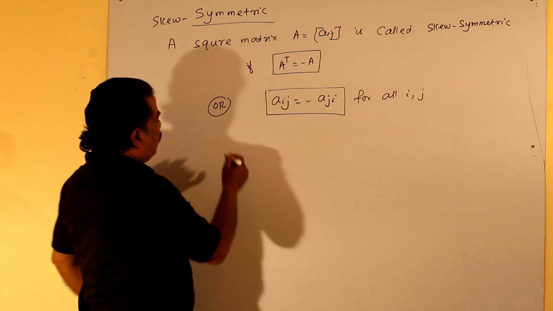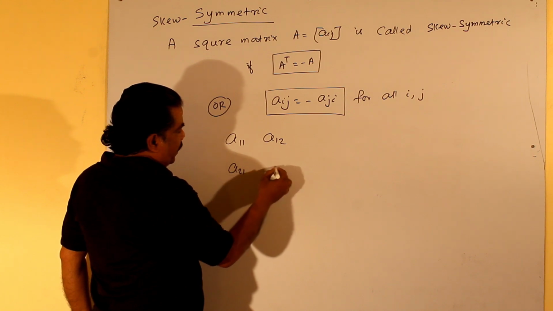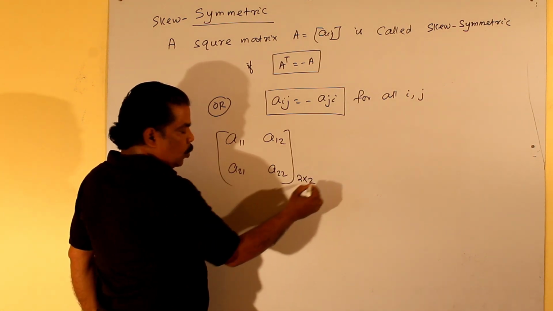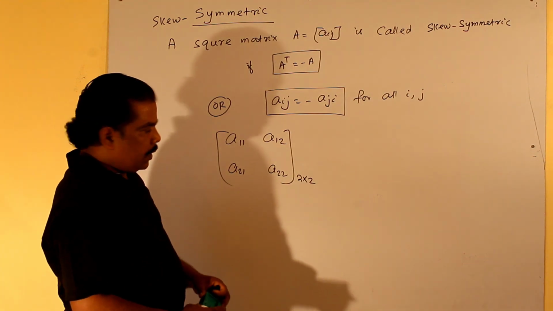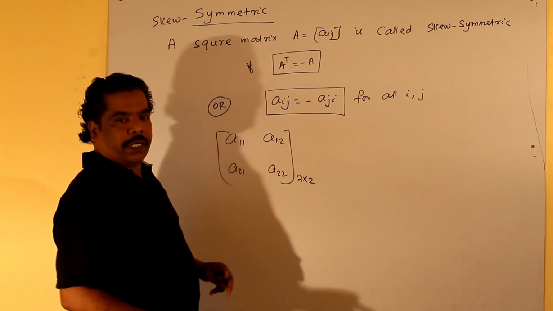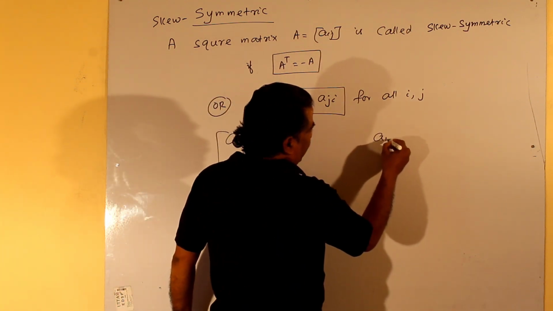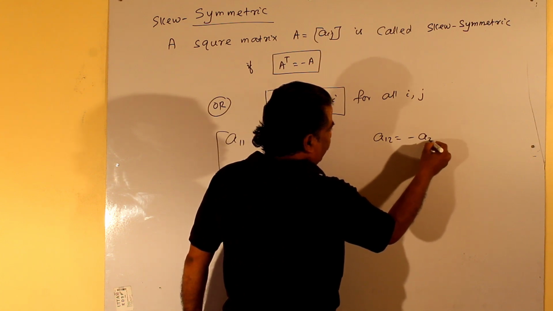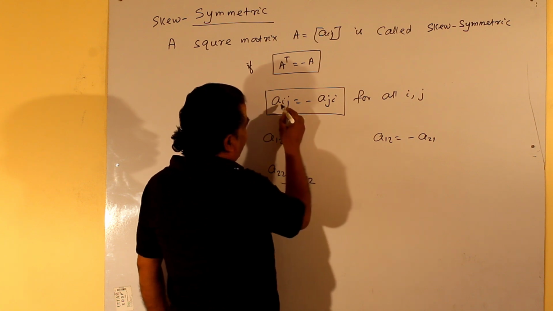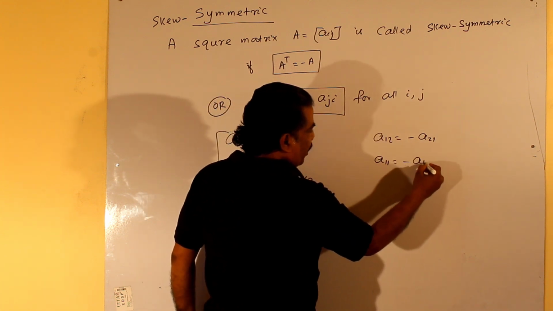As for example, a11, a12, a21, a22 is a square matrix. It contains 2 rows and 2 columns. If a12 is equal to minus a21, and for i equal to 1, j equal to 1, a11 is equal to minus a11.